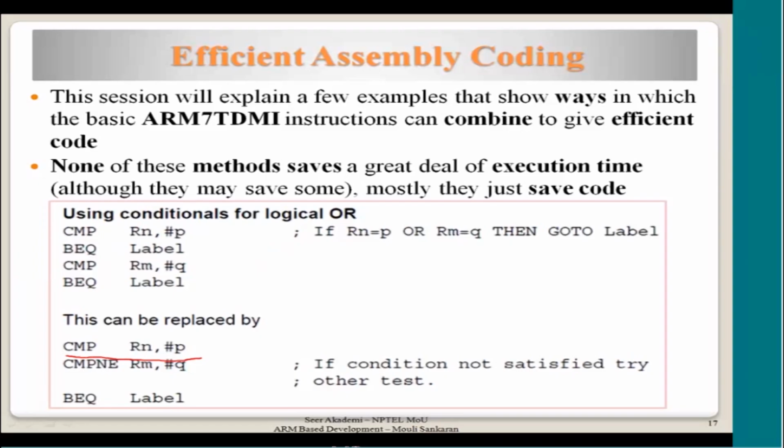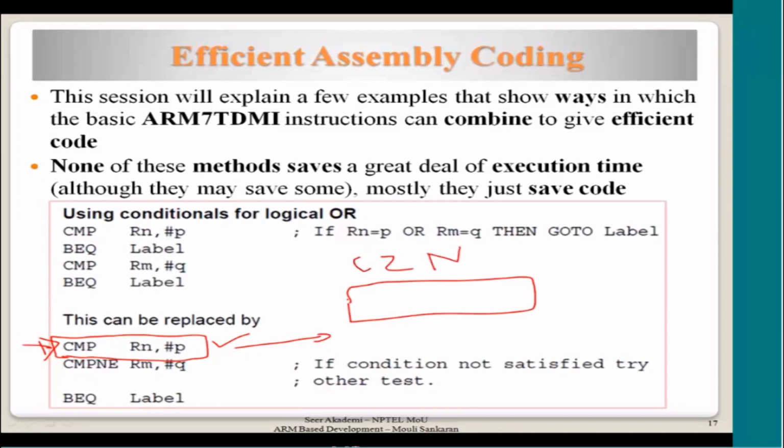What is CMP? It is executed with no conditions, okay, always, okay. So it executes. Now will it impact the flags? Of course. Which are the flags? Our favorite C, Z, N, V, okay. All flags are affected. I am not saying whether it is 0 or 1, they are all affected. It is reflecting the comparison value.